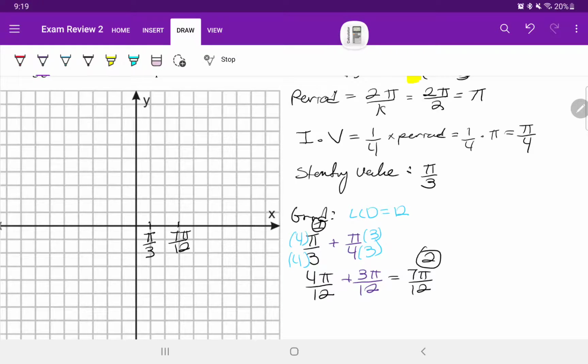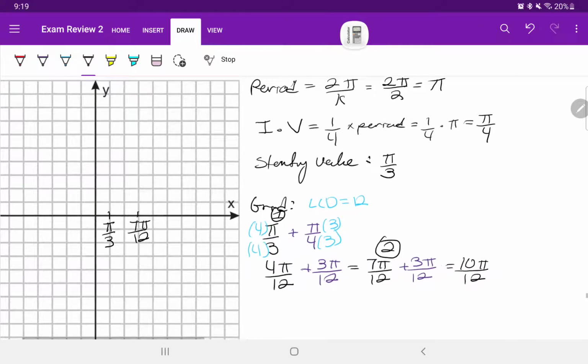Now, to find the remaining, we're going to add 3 pi over 12 to the second grid value. We get 10 pi over 12. And we can reduce 10 pi over 12 to 5 pi over 6. Add another 3 pi over 12.